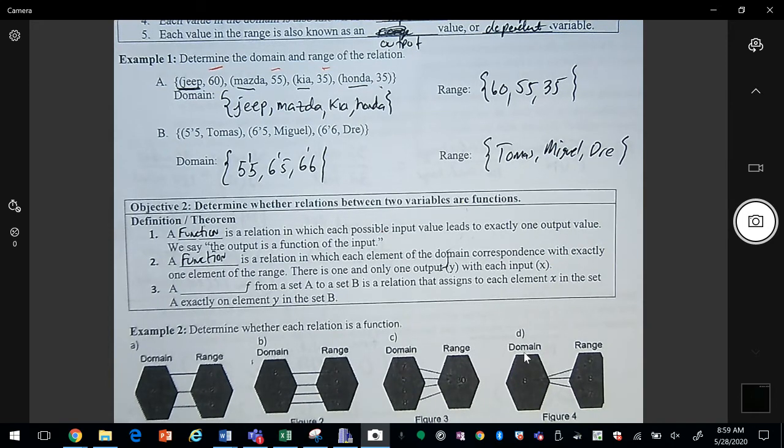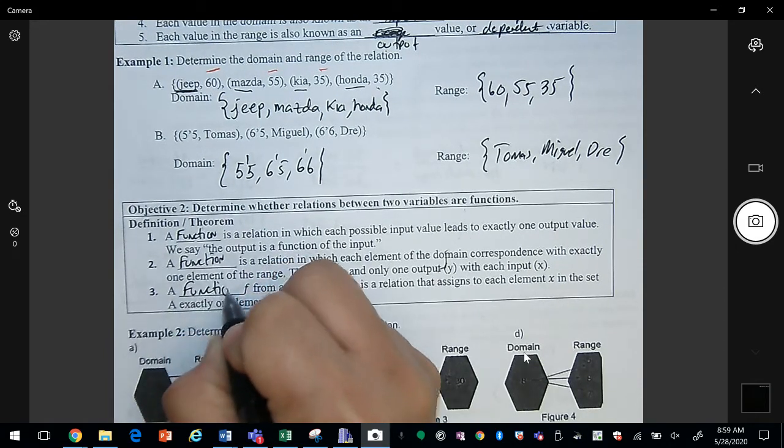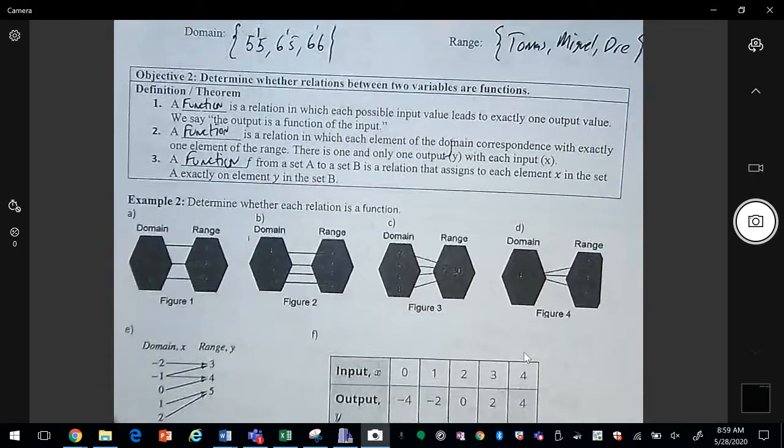There is one and only one output with each input. And last, a function from set A to set B is a relation that assigns to each element in X exactly one element in Y.